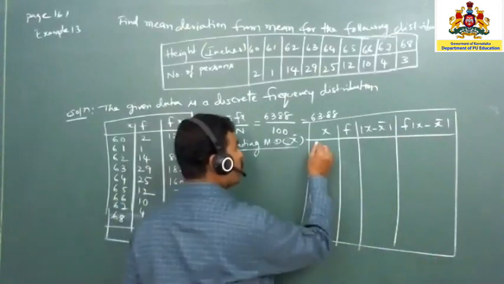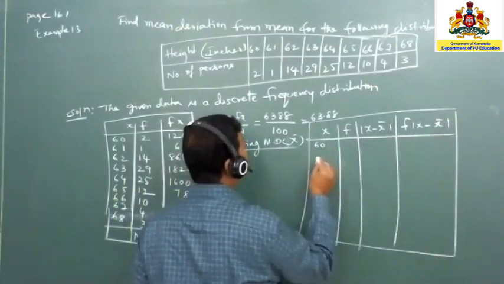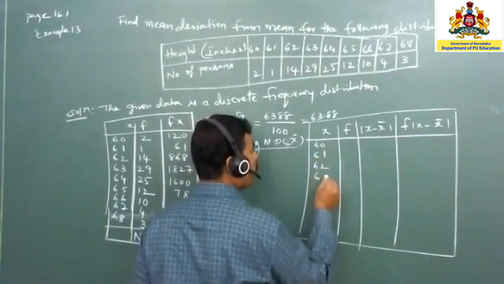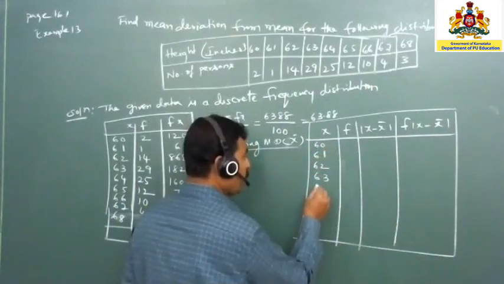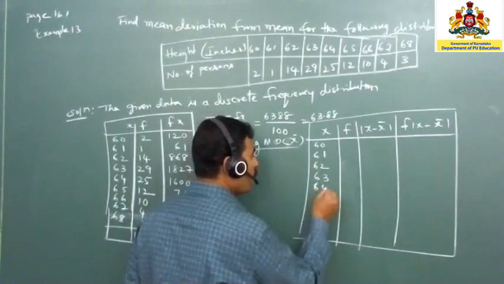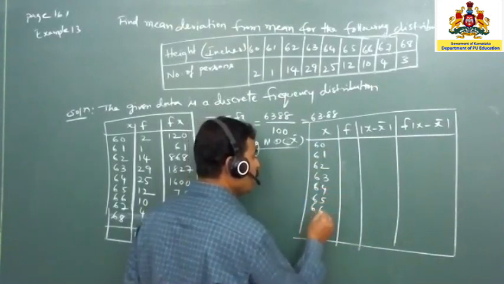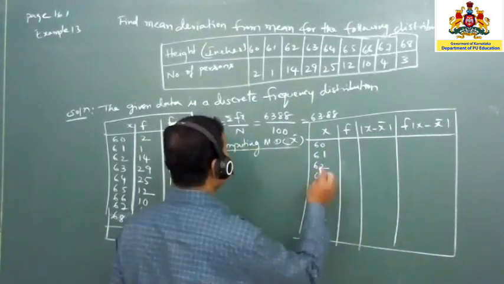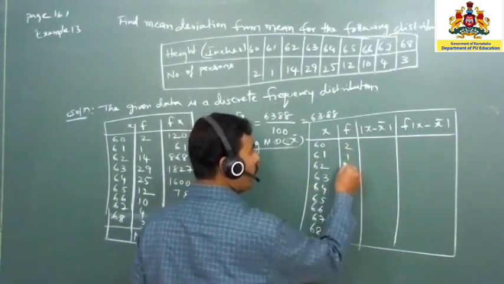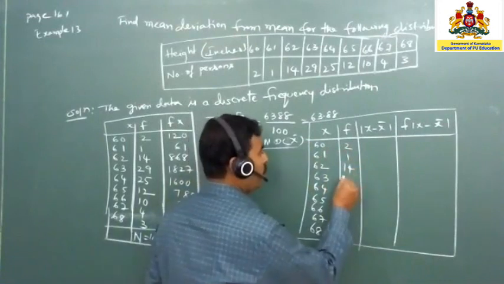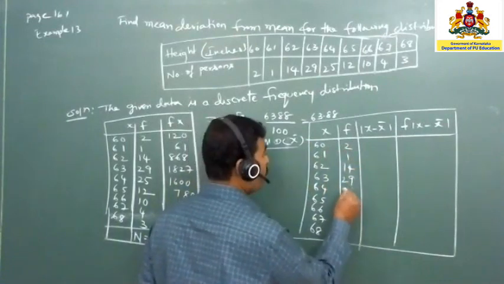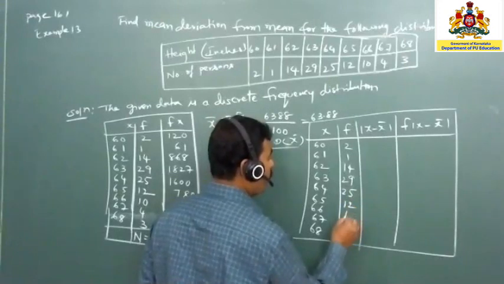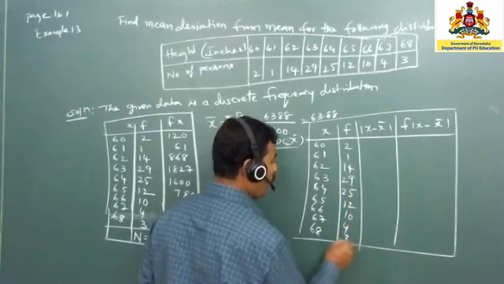X values 60, 61, 62, 63, 64, 65, 66, 67, 68. Frequencies 2, 1, 14, 29, 25, 12, 10, 4, 3.